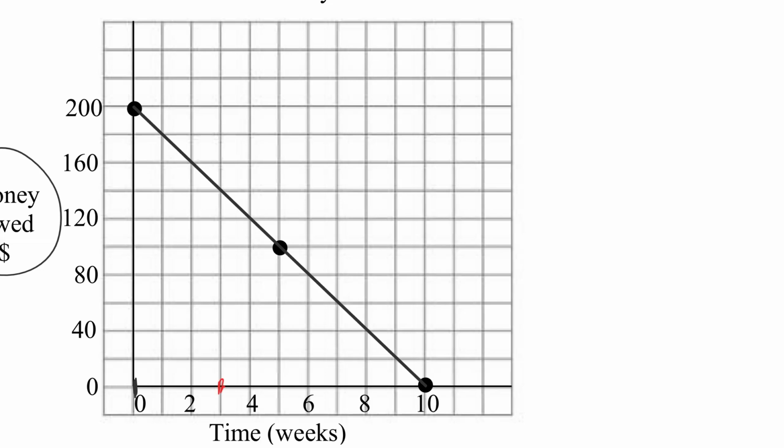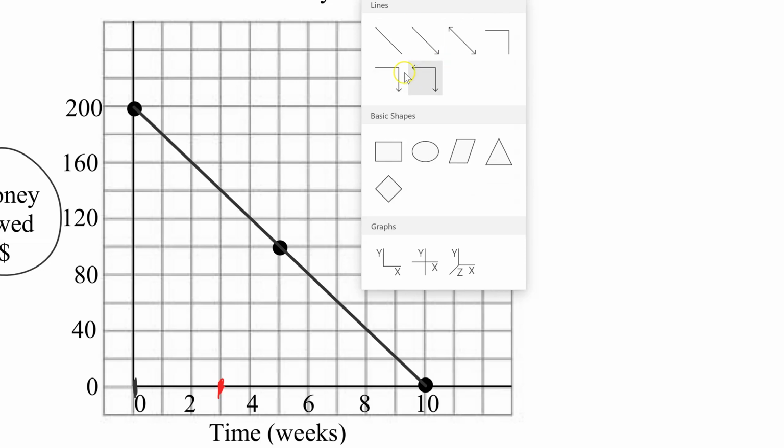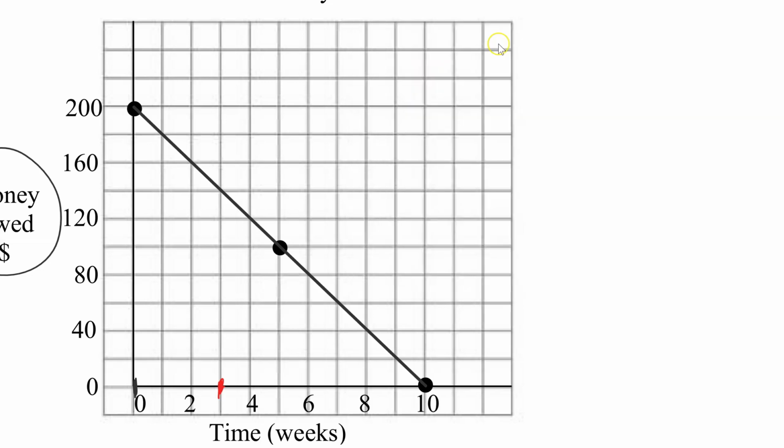So we're going up from right here, and I'm going to use a tool to help me out, but what you would be doing is you'd be drawing a line right up from your 3 weeks, and you'd be going straight up to where you hit the line, and then you want to come across, and it'll tell us exactly how much she owes.